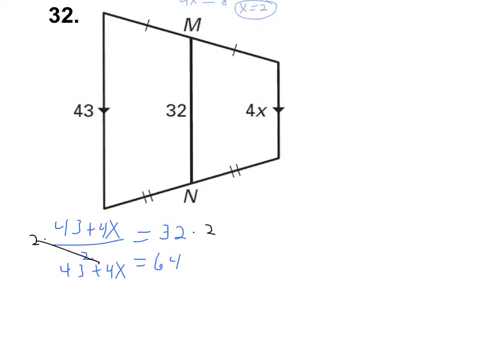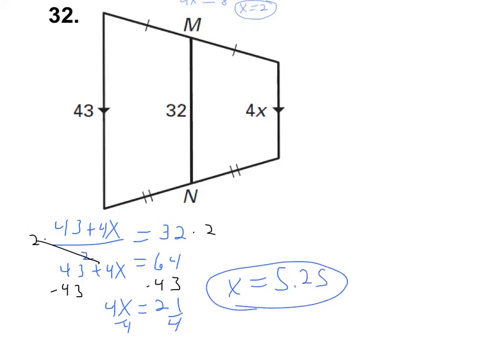Subtract 43 from each side, and we'll have 4x equals 21, and then divide by 4. And you can tell this one doesn't come out evenly. That's okay. Sometimes you get a decimal or a fraction. So x equals 5.25, or 5 1/4. We're not rounding here. That is the exact answer of what it equals.